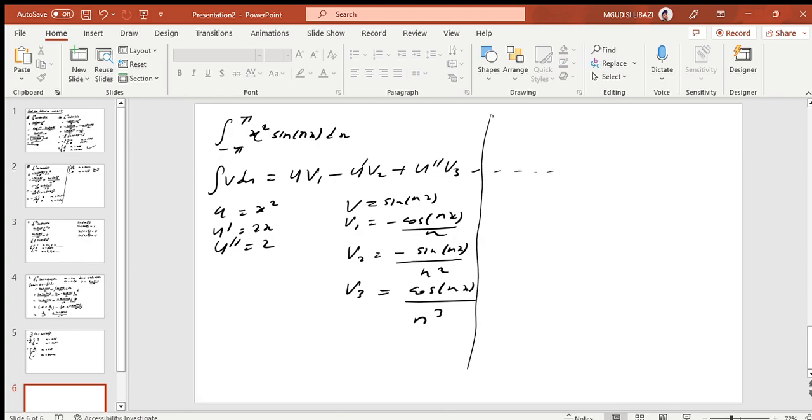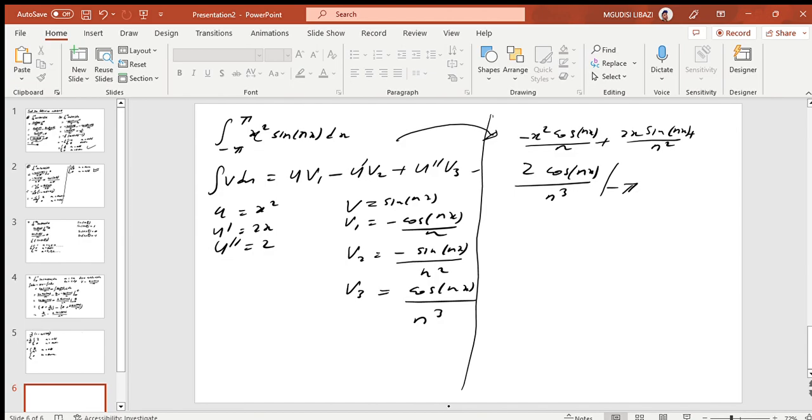In place of u, we get negative x squared cosine of nx divided by n, plus 2x sine of nx divided by n squared, plus 2 cosine of nx divided by n raised to 3, and that's evaluated from negative pi to pi. Let me just use a new page.